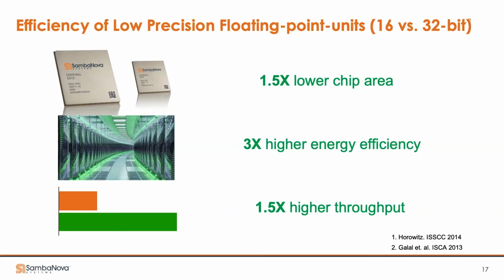Effectively, this can help us achieve almost 1.5x lower chip area, 3x higher energy efficiency, and 1.5x higher throughput. The energy efficiency and chip area that you gain, you can in fact use to fit more compute units, or you can use them any way you like, giving you more flexibility to make your systems better at deep learning training.